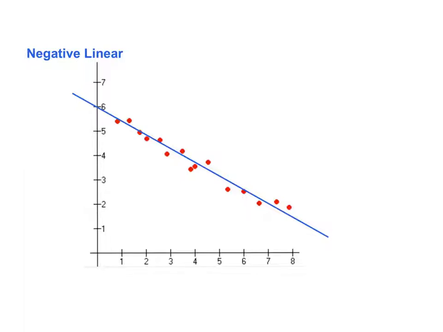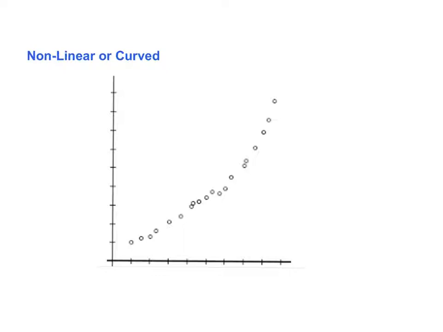A couple more. Here's the next one. A nonlinear or curved relationship. Now, it seems like these points have a pattern to them. It just so happens that it's not a straight line. Okay? And if I tried to fit some type of line to it, it would look curvy, right?